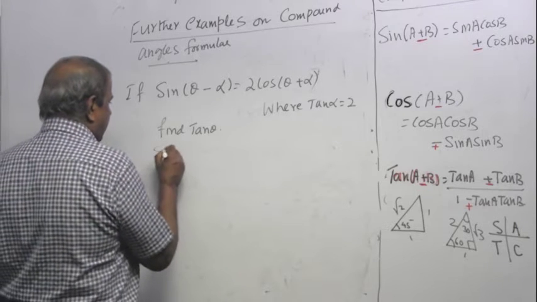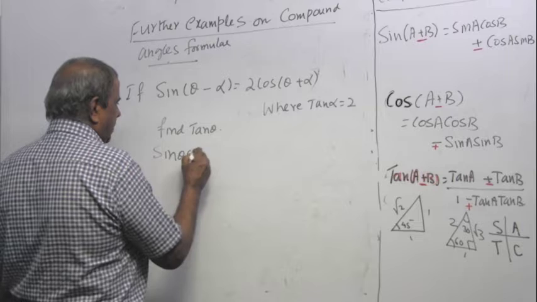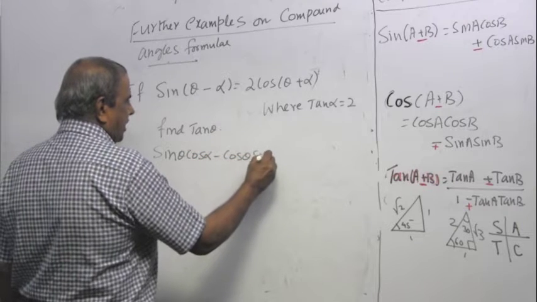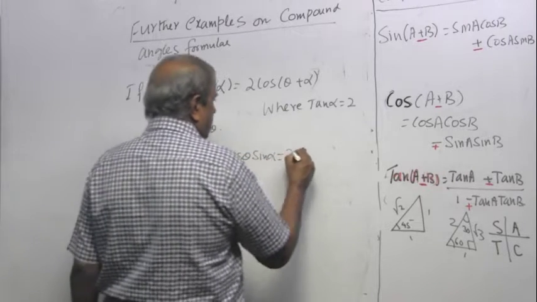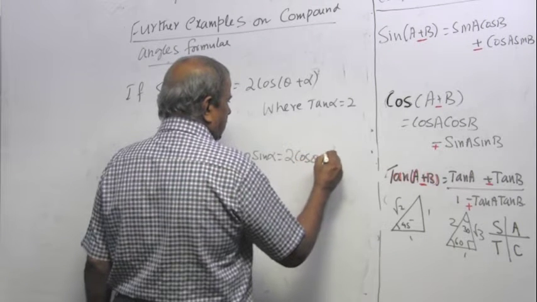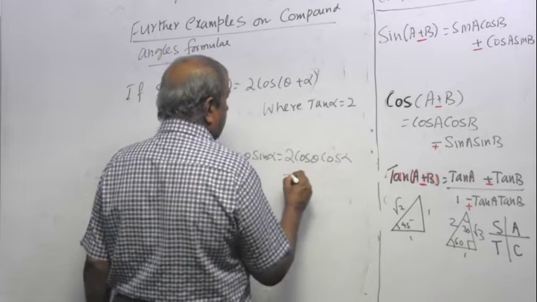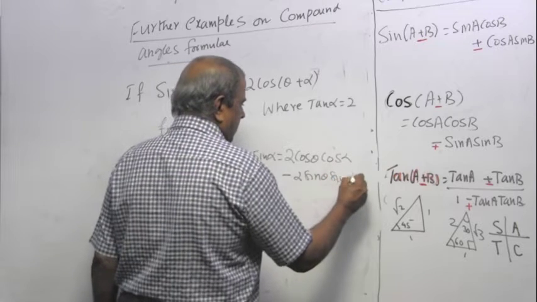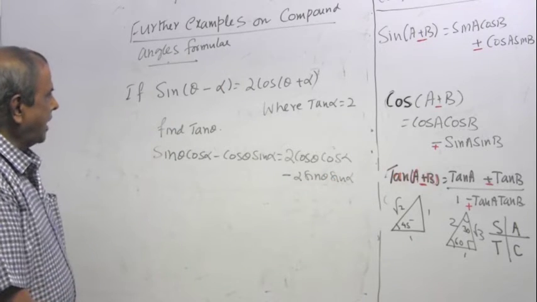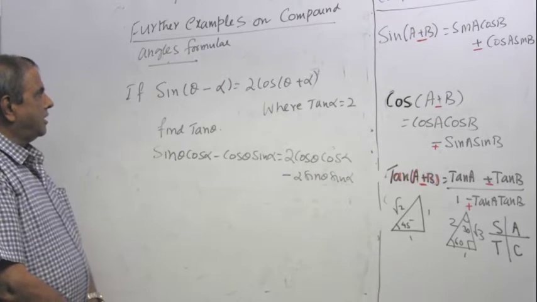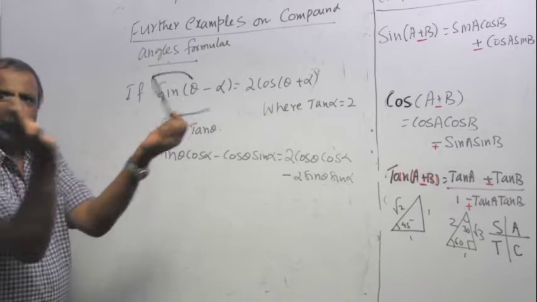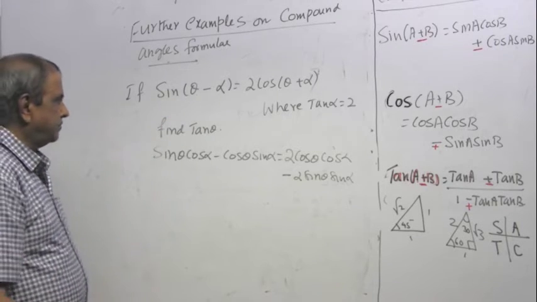Can I say sine theta cos alpha minus cos theta sine alpha equal to 2 cos theta cos alpha minus 2 sine theta sine alpha. At least now I have taken care of theta plus alpha. At least I have single angles now instead of two angles combined together.